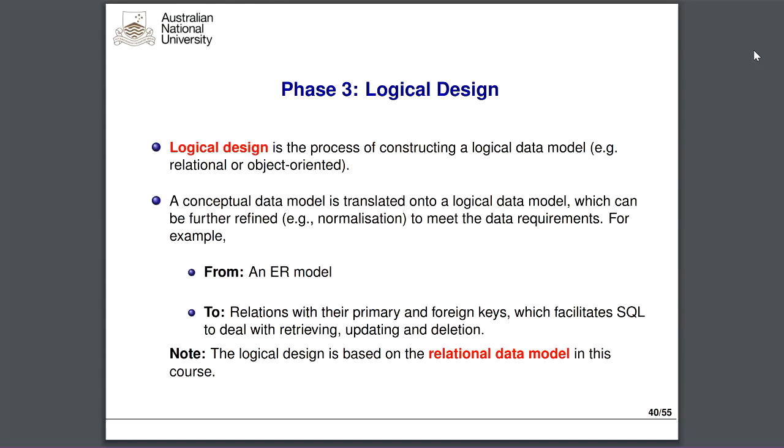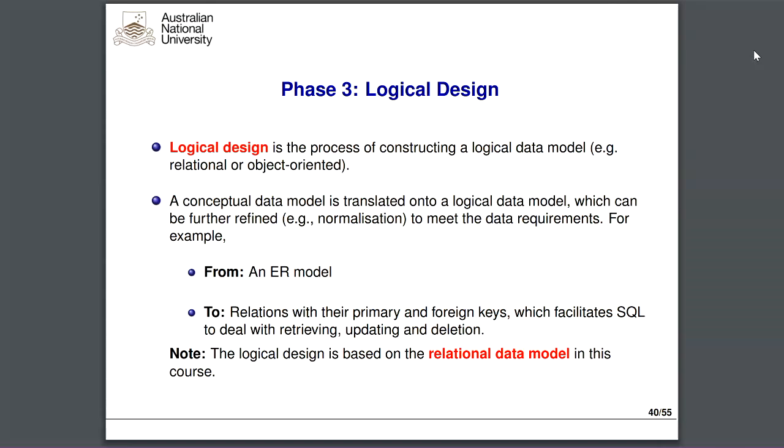Now let's go to the next phase. So we have 4 phases. The next phase is to go from the conceptual model into the relational data model. This is called logical design. Logical design is the process of constructing a logical data model, in this case a relational model. A conceptual data model is translated into a logical data model, which can be further refined or analyzed.